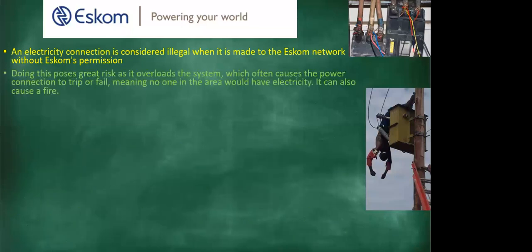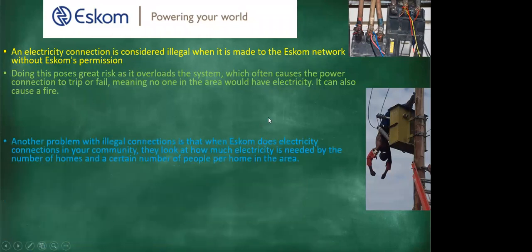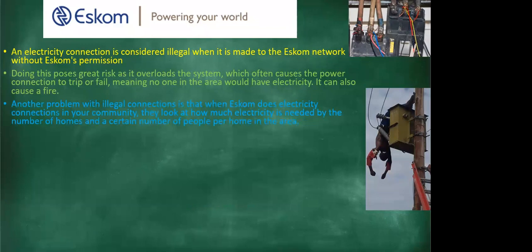Doing this poses great risk as it overloads the system, which often causes the power connection to trip or fail, meaning no one in the area could have electricity. It could also cause a fire, right? All this information that you see here is what is found on the ESCOM website, which I will give you the link to at the end of the lesson.